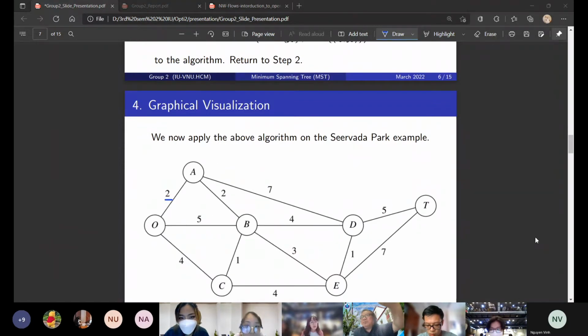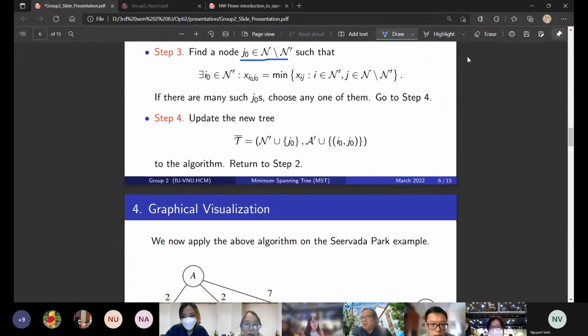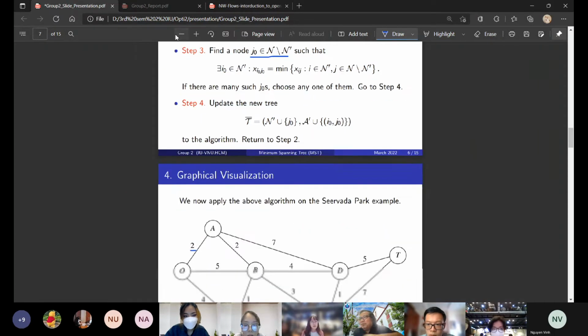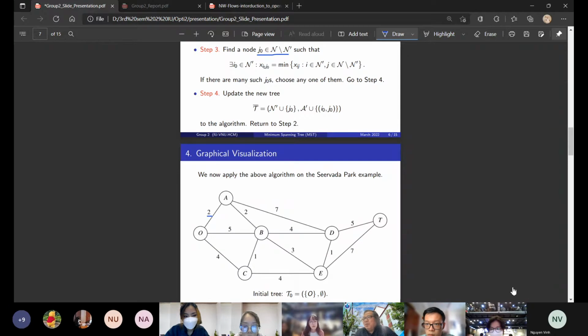That's all. Is that right? Yes, J is not belonging to N prime, just J belongs to N minus N prime. And here that means J is not equal to node O, different from node O. That's all. You didn't say in step 3 anything about accessible or something like this. No.